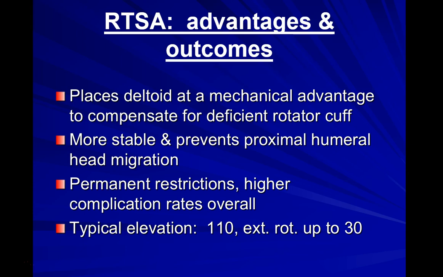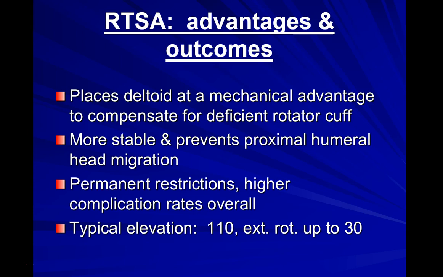Okay. These patients, like we said, have higher complication rates overall, but in general, they tend to do very well. They definitely have permanent restrictions. There's your typical range of motion that they might get. Some patients are going to do better than that. Some patients, that's not going to be achievable, but typically they'll have well over 90, so they can get to about 110 degrees of flexion and abduction, and 30 degrees of external rotation.